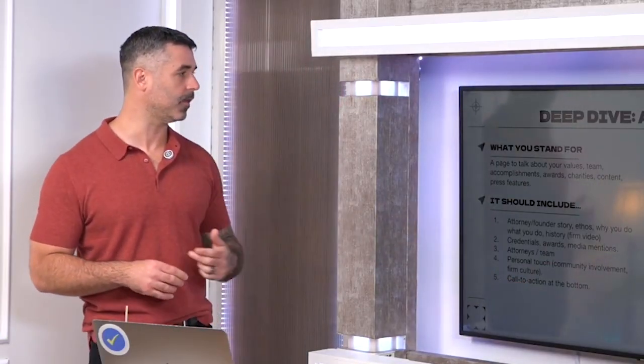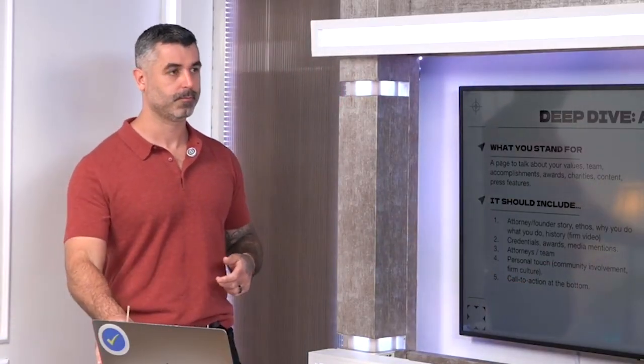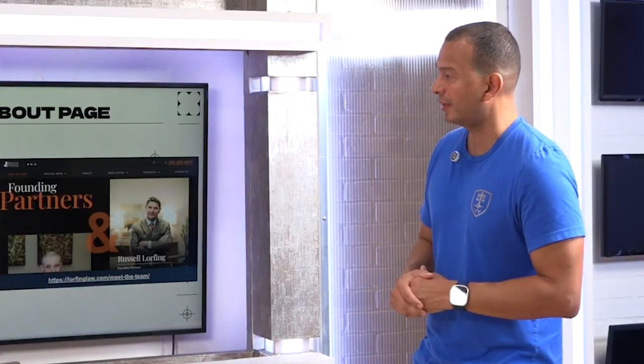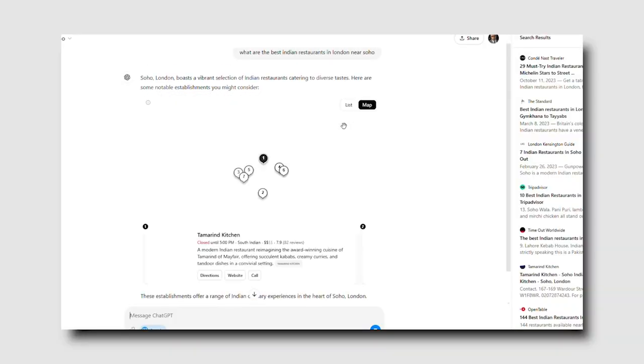Caesar, do you have anything else on the About page in particular? This is the page to get very detailed in. As you mentioned, this is where ChatGPT and other LLMs pull specific information. So just get very detailed.